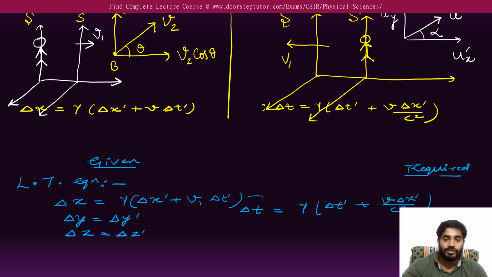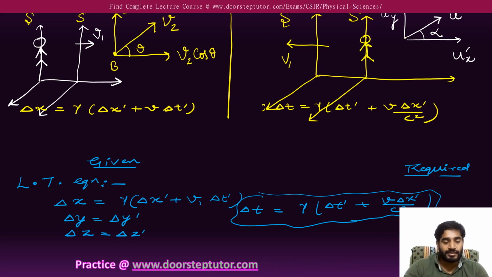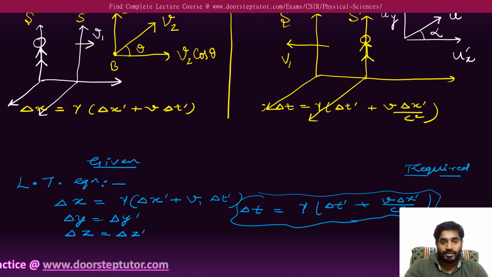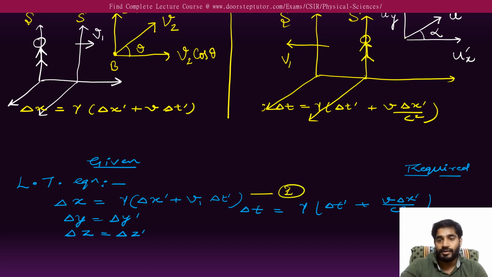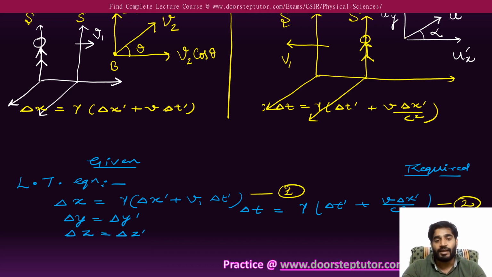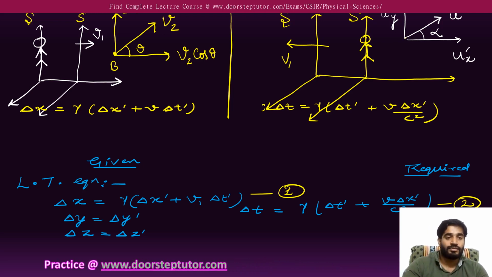You can see that delta t and delta x are given. Let this be equation 1 and let this be equation 2. If you divide equation 1 by equation 2, then on the left side it becomes delta x by delta t, and on the right side something else. We will see what the changes will be there.